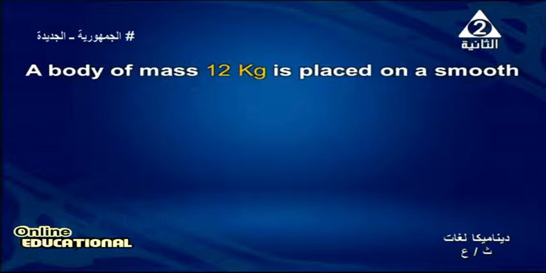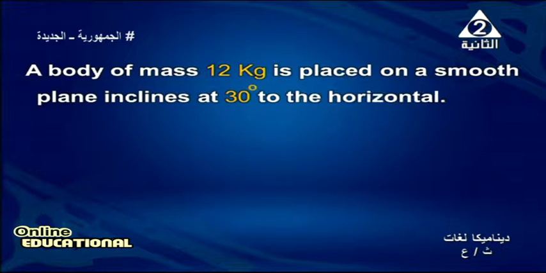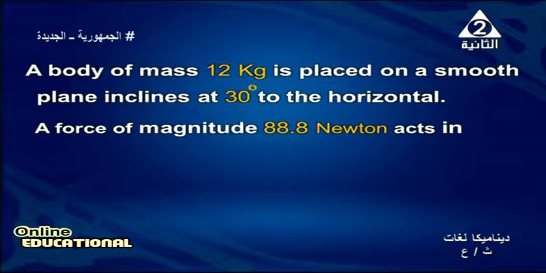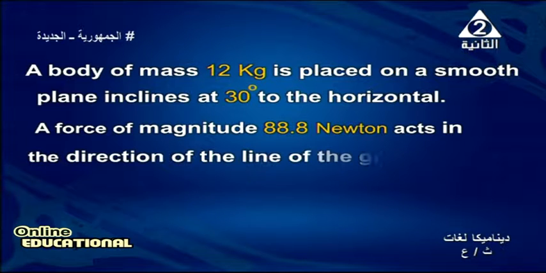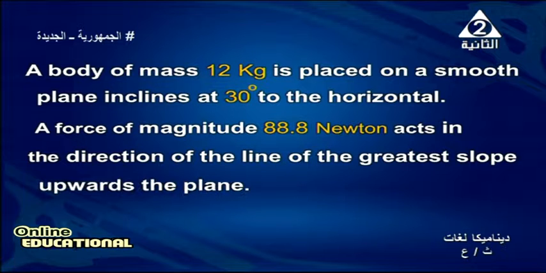Example: a body of mass 12 kg is placed on a smooth plane inclined at 30 degrees to the horizontal. A force of magnitude 88.8 Newton acts in the direction of the line of the greatest slope upwards the plane.